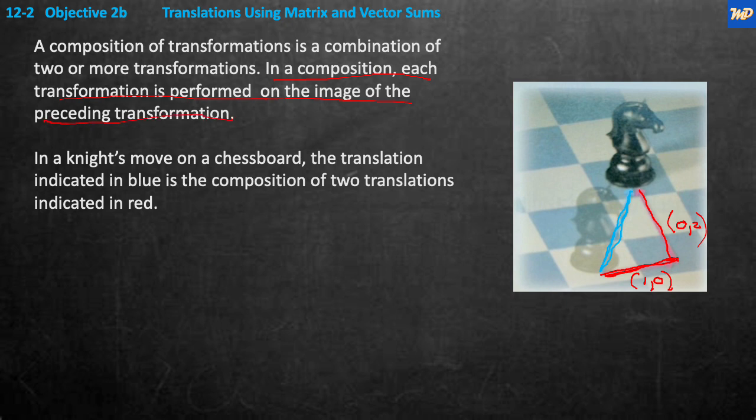So that's why we're showing this. We move, this is one transformation, 1, 0. And then now the next transformation is performed on this spot. So we're going to go 0 from this spot, and we're going to go up 2. Hopefully that's clear.